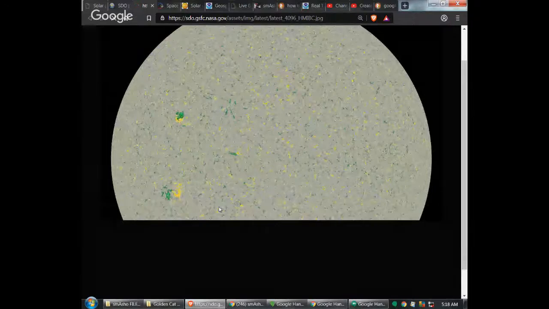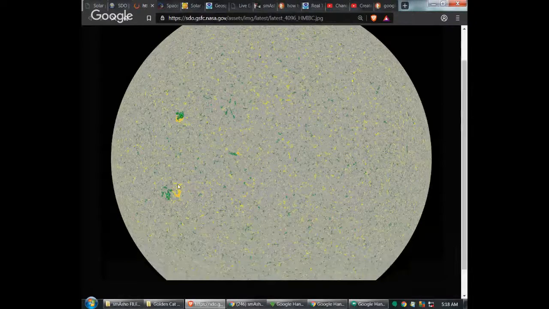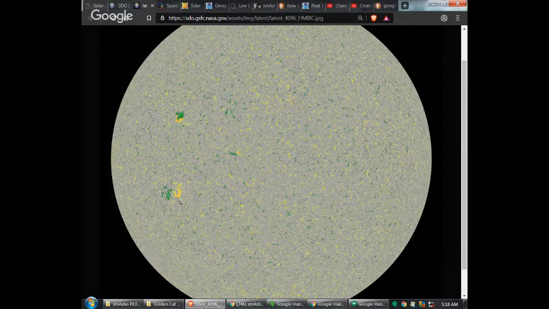Now, as our regular viewers are probably aware, usually sunspots form in an orientation like this, where the one polarity leads the other one. Now, normally when we see them south of the equator, we're going to see these with a green leading charge from the North Pole, a negative charge leading.